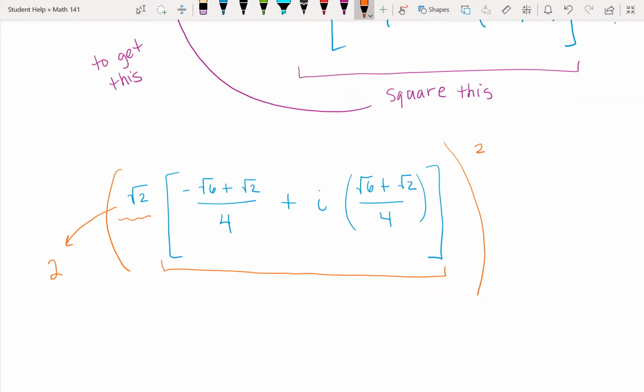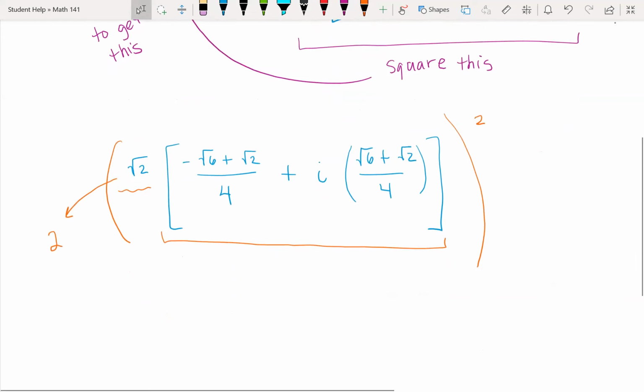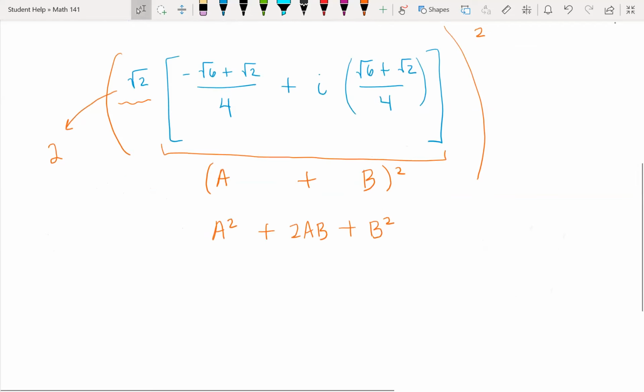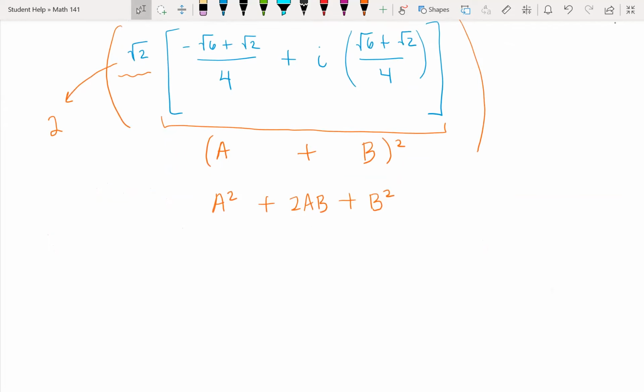I've got two things added together, and this follows the pattern of (a plus b) squared, which would be a squared, squaring the first term, plus 2ab, I multiply the two things together and double that, and then I square the last term. So I'm going to skip a few of the steps, but show you what ends up happening. You can do this part on your own.